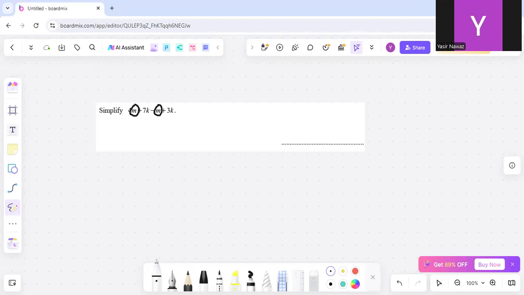So both are the same, so their coefficients can be added or subtracted. So 4m minus m would be 3m, and plus 7k and plus 3k. So both are k, so the coefficients can be added. The coefficient of one term is plus 7. The coefficient of the other term is positive 3. So 7 plus 3 would be 10. So it's 10k. So it's 3m plus 10k.